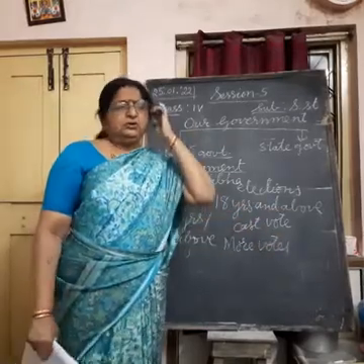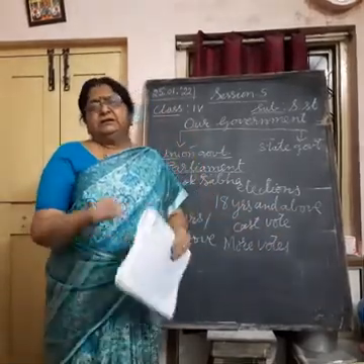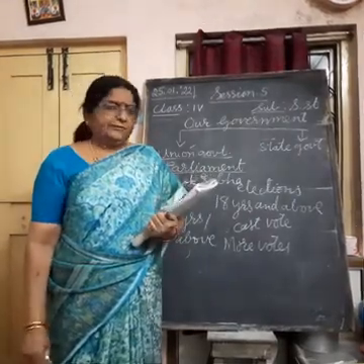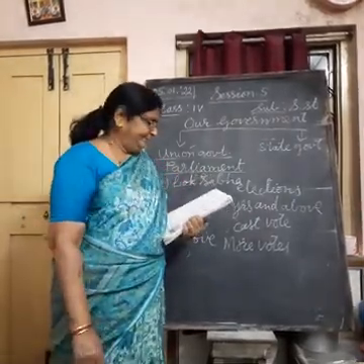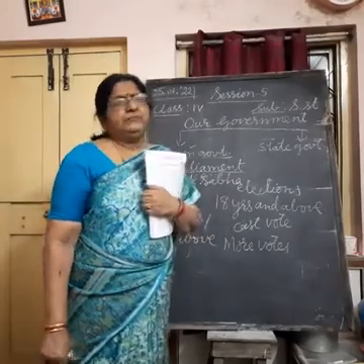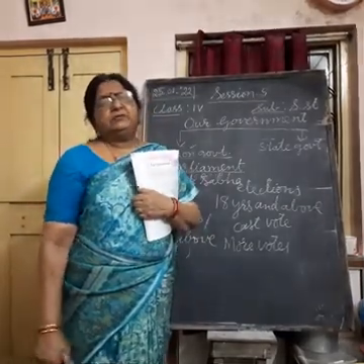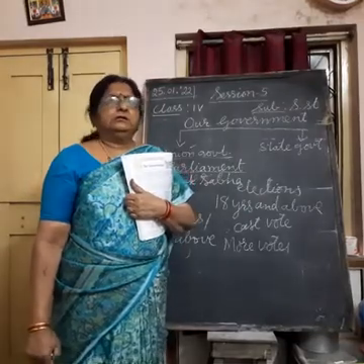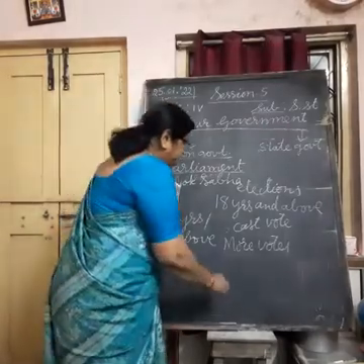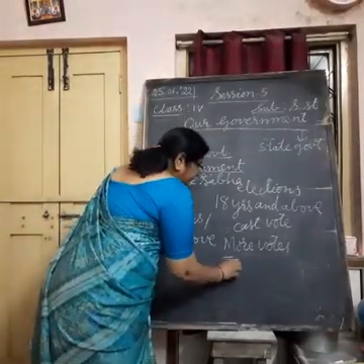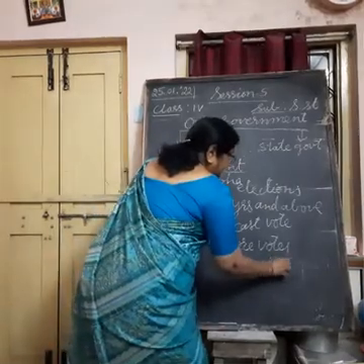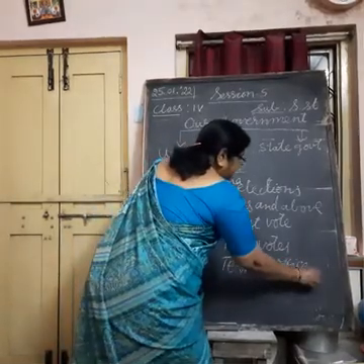B gets more. So B is declared the winner or elected member of the Lok Sabha. And he can be the member of Lok Sabha for 5 years. The term of office is 5 years. For him, the term of office is 5 years. He can work for the public for 5 years.